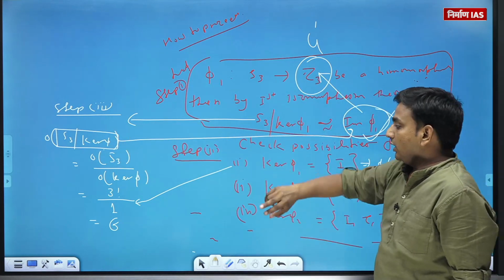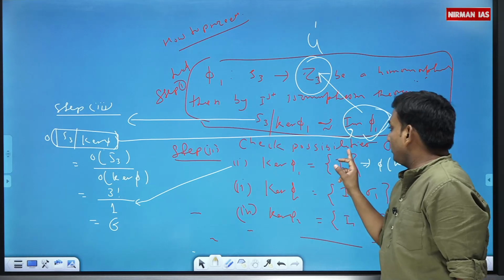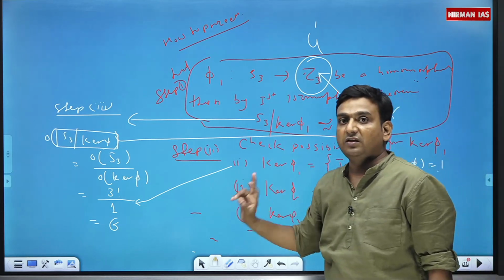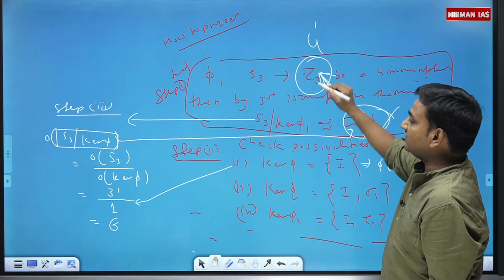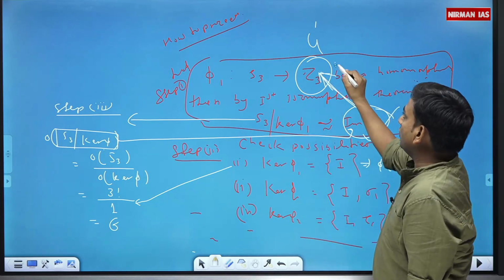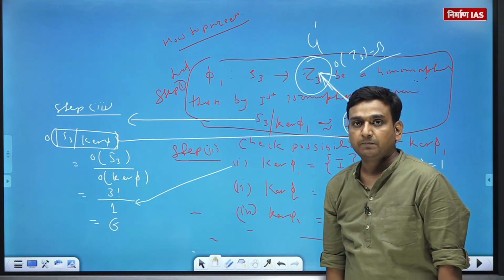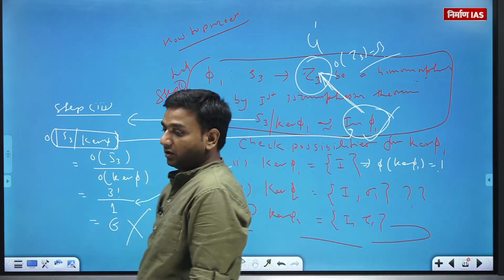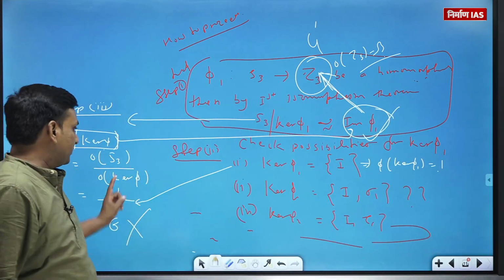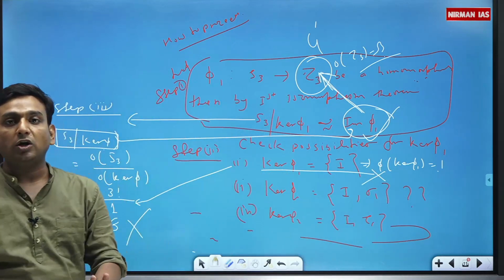Now if this has order 6, then the possible order of image phi is 6. But image phi is a subset of this set Z3, and the order of Z3 is 3 only, in modulo 3. That means this is not possible. This is not possible means kernel phi being trivial is not possible.